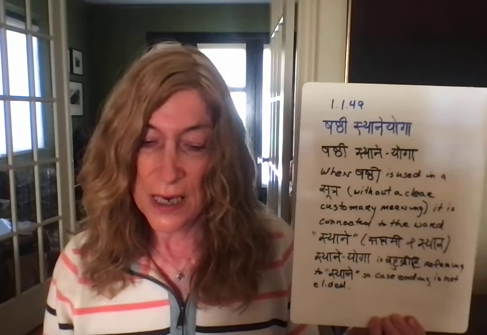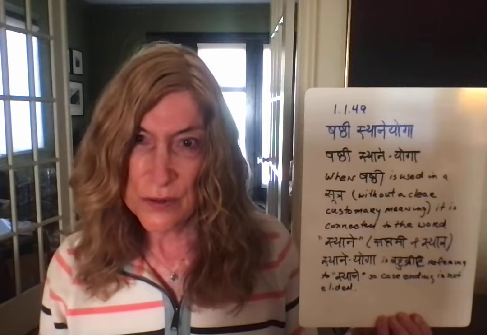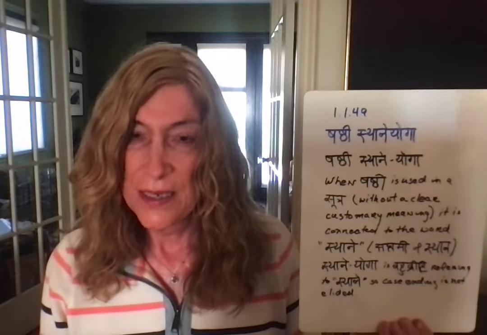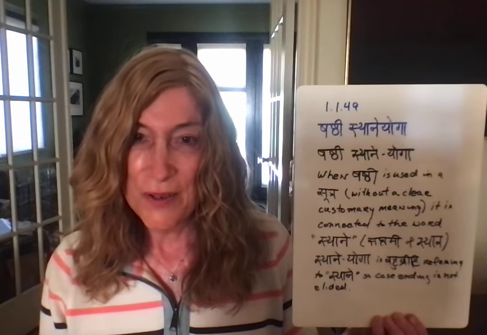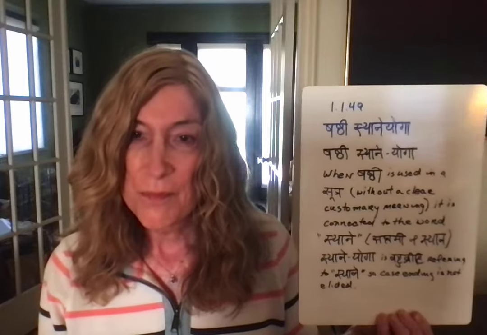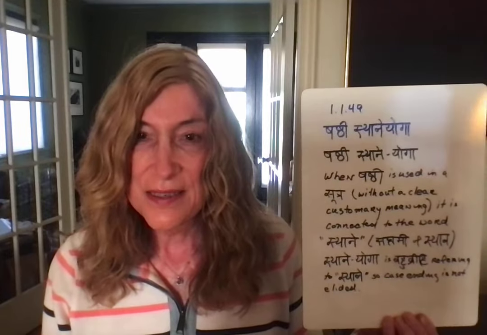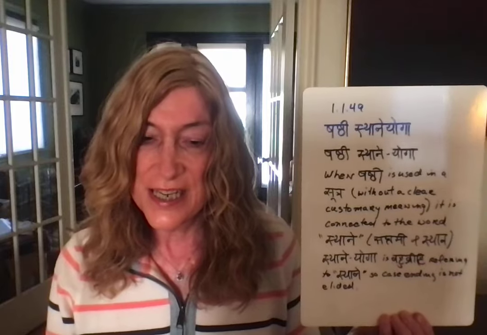So shashti, when not used in a customary, ordinary fashion, we'll come back to that a little bit, in the grammar, is attached to sthane. And sthane is saptami of sthana.